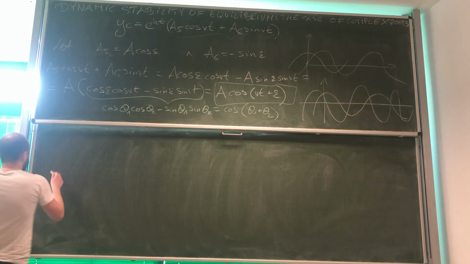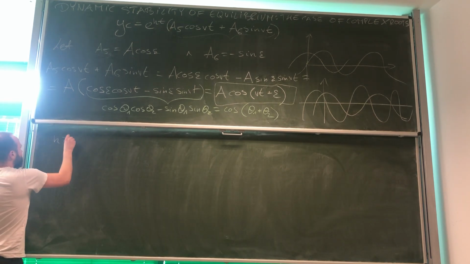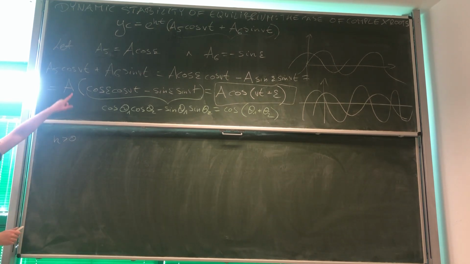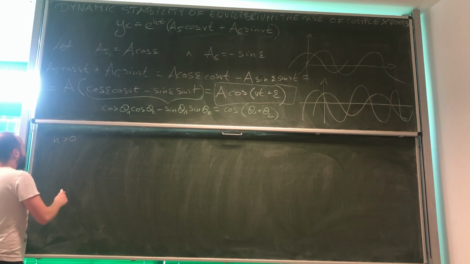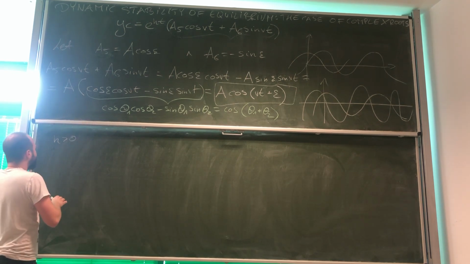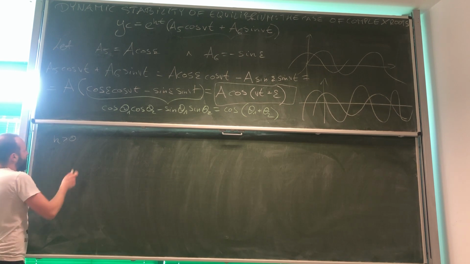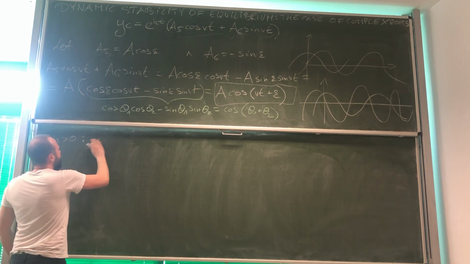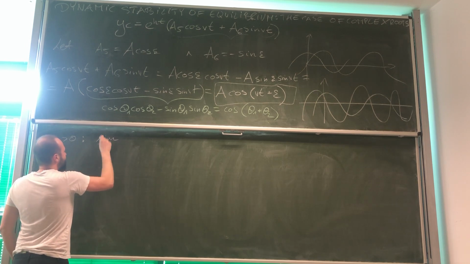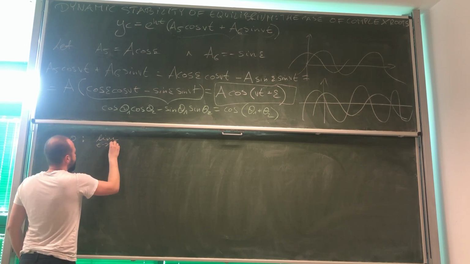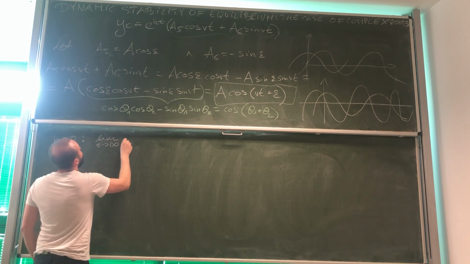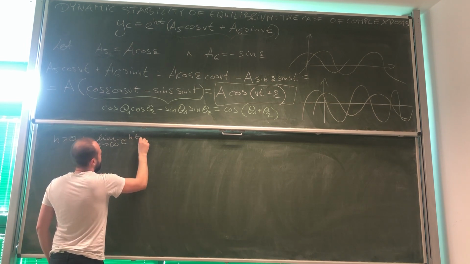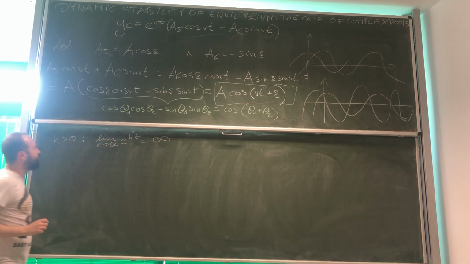Because look, if h is positive, as t goes to infinity, the limit as t approaches infinity of e to the ht is going to be infinity.